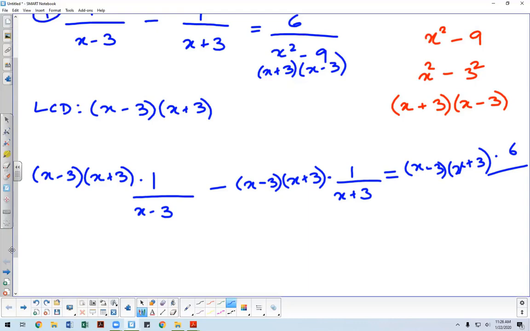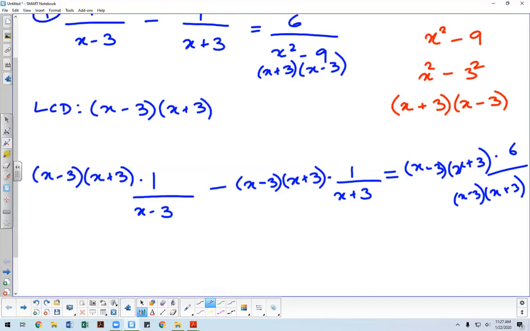So instead of writing x squared minus 9, I'm going to write the denominator as x minus 3 and x plus 3. Okay?